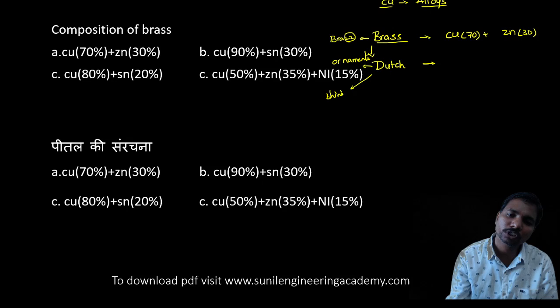To get a more shiny or brownish color, since copper is more brownish, we have to increase the copper. If you increase the copper, it becomes more shiny, so zinc becomes 20%.